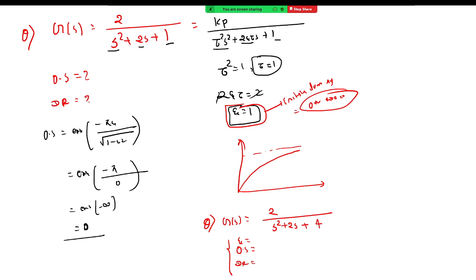So zeta is 1 by 2, the overshoot is 0.163, and the decay ratio is 0.027.